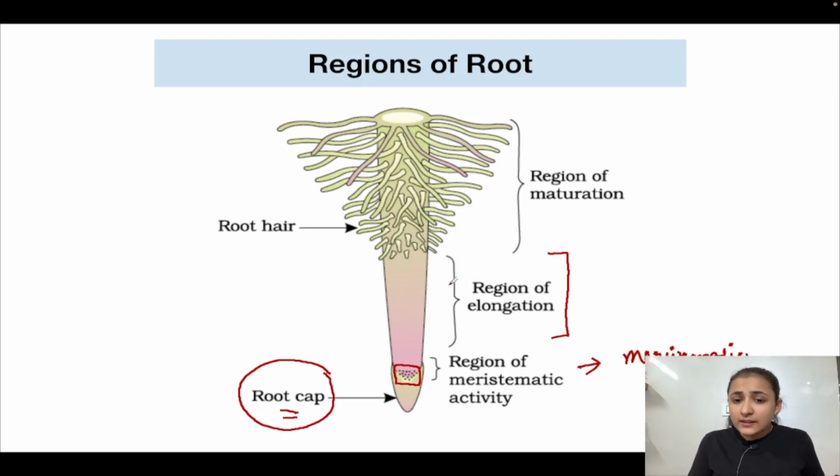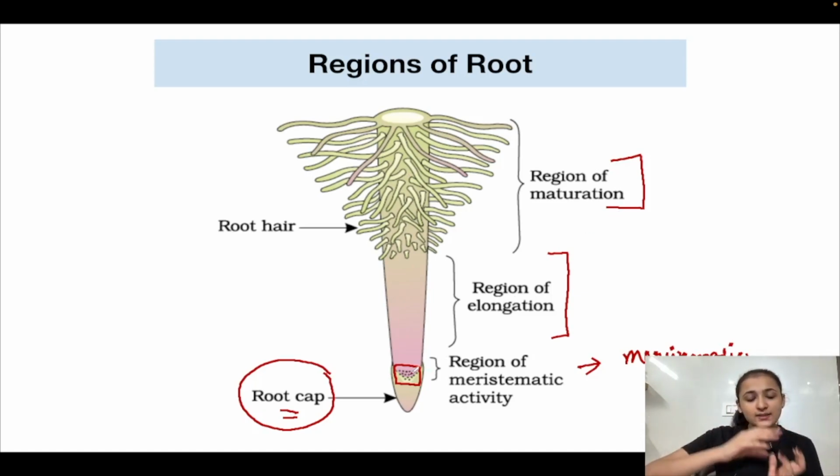Now, the cells, when they ultimately differentiate and mature into a final stage, it happens in this region. This region is known as the region of maturation. So cells here were very young. They started growing and elongating in the region of elongation. Ultimately, they are maturing in the region of maturation.